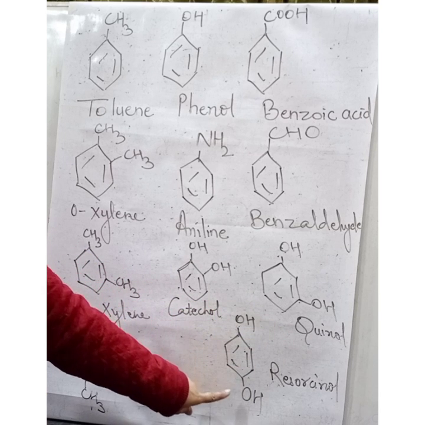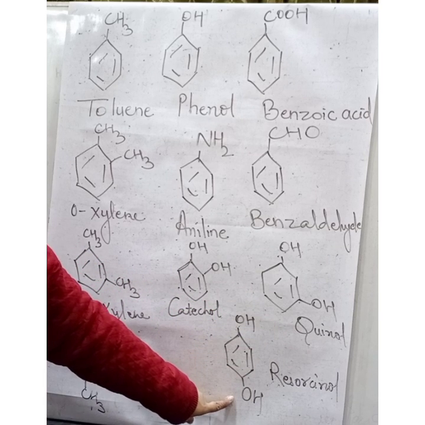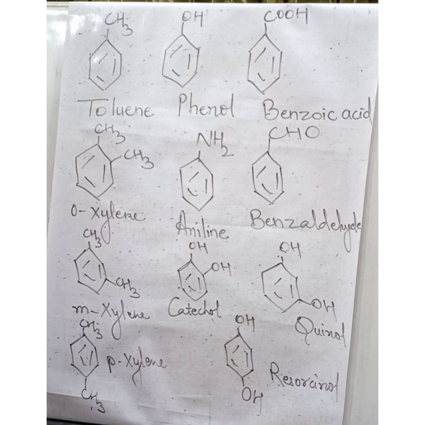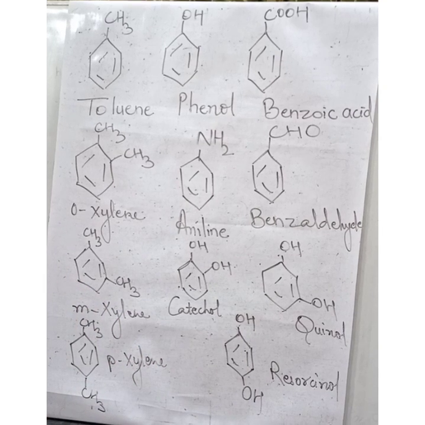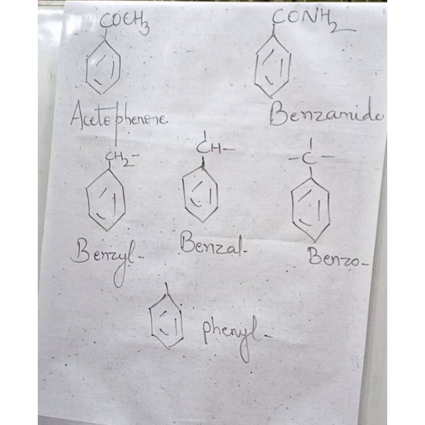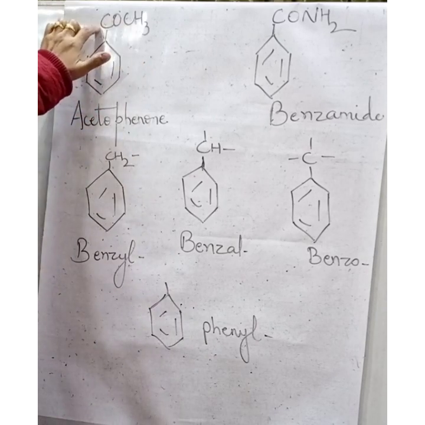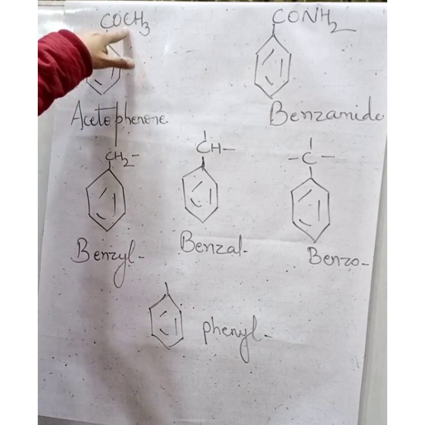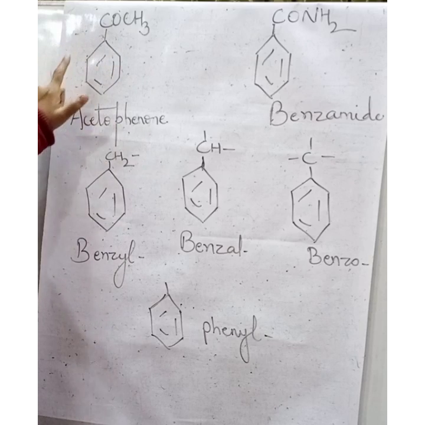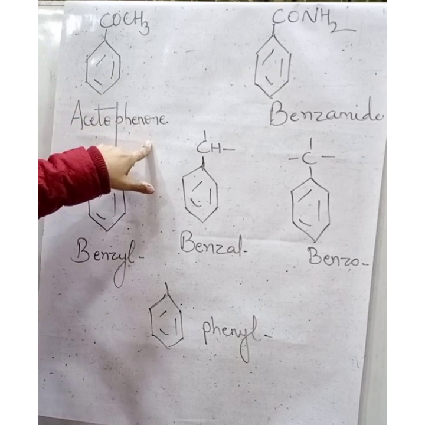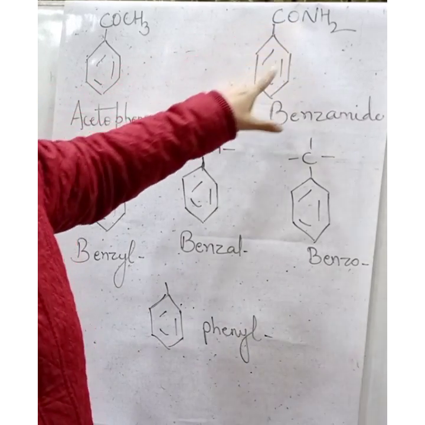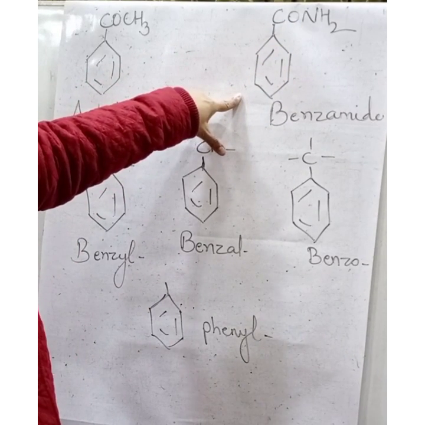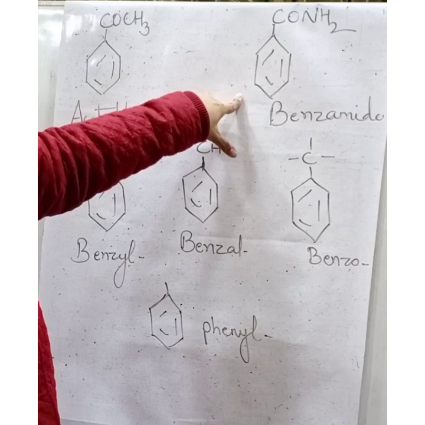And if the OH group is present at para position, popularly it is known as resorcinol. Now, if a COCH3 ketone group, that is along with a methyl group, is attached to the benzene ring, popularly this is known as acetophenone. If an amide group is attached to a benzene ring, we popularly call it benzamide.